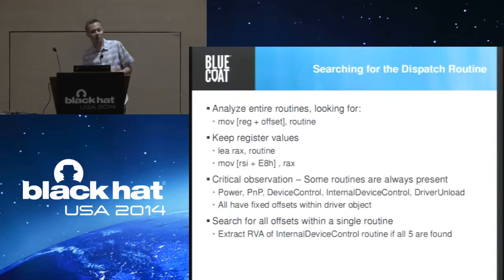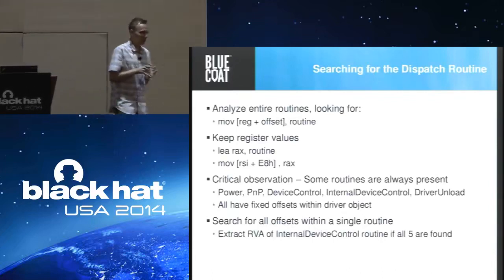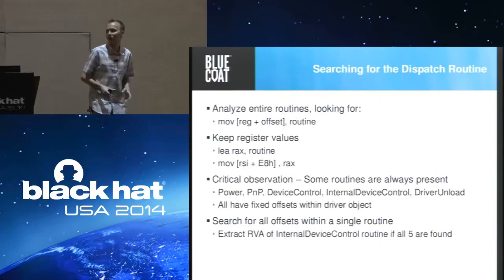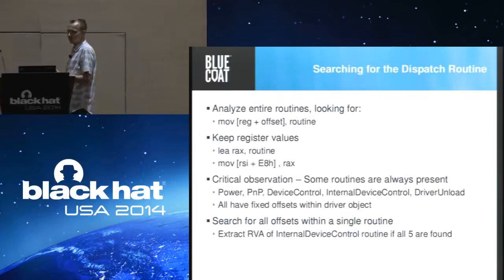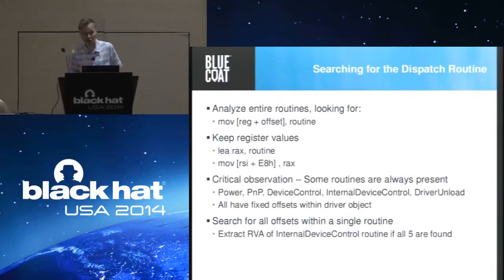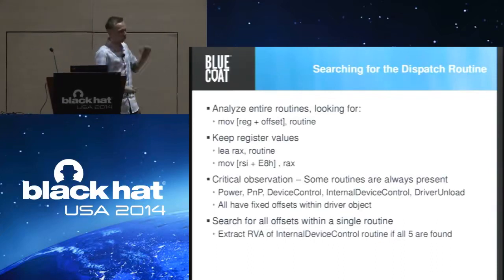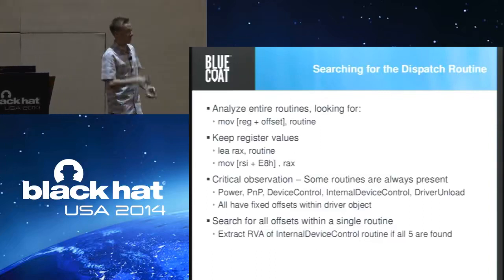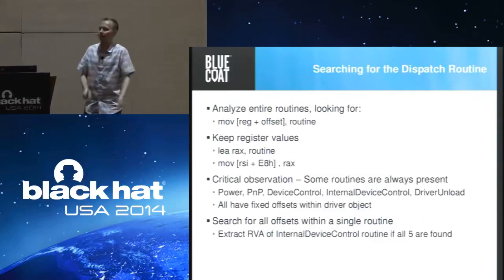So the critical observation is that there are at least 5 dispatch routines that will always be present, and these will all have the same offsets every time, right? So it's power, PnP, device control, internal device control, and always driver unload. All drivers will have that. So we search for all 5 of those offsets with a corresponding dispatch routine within a single routine.